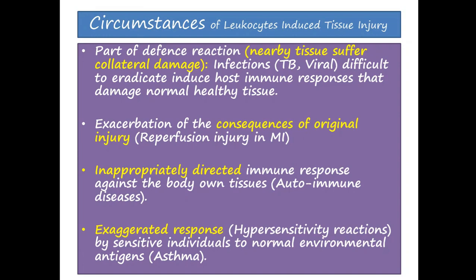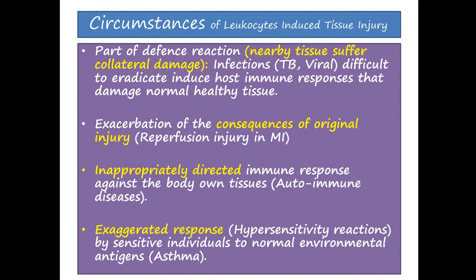Sometimes the immune reaction or the response of the leukocytes is inappropriately directed. For example, in autoimmune diseases, normally our immune cells recognize our body's own tissues and do not react against them. But there are certain conditions known as autoimmunity or autoimmune diseases in which our immune system fails to recognize the body's own systems and attacks them.